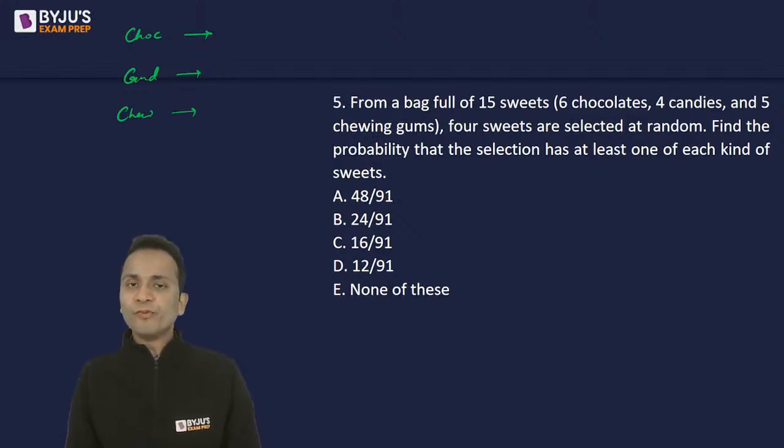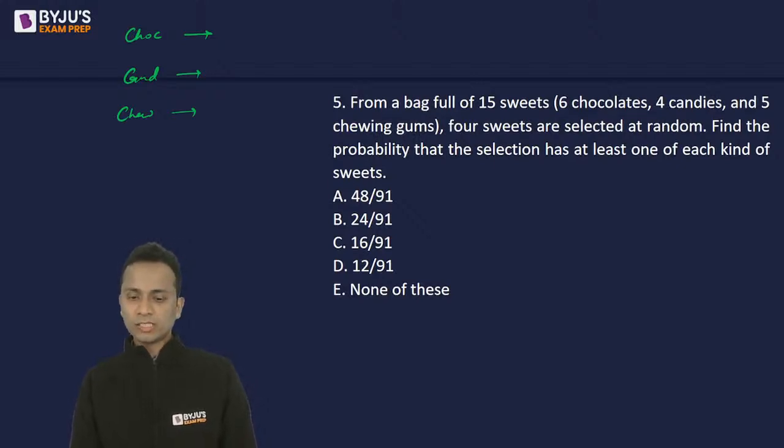Now, we are selecting 4, and the probability that we have to calculate is for selection of at least one of each kind of sweets. All right.